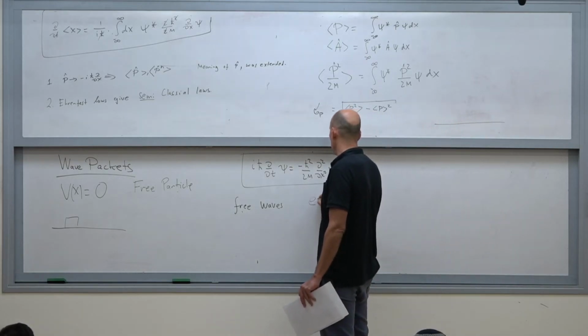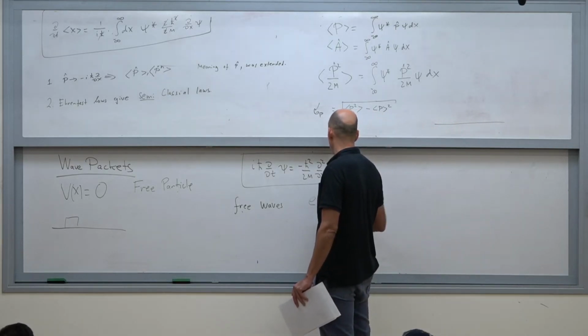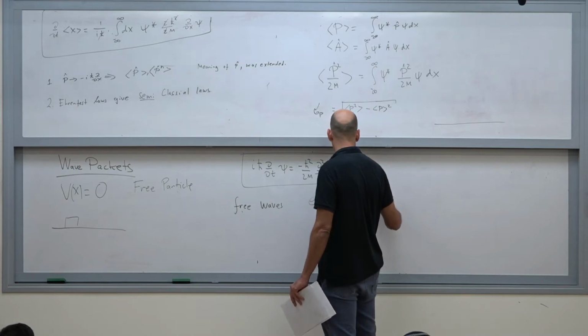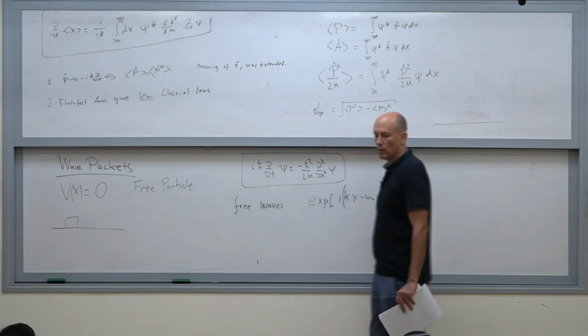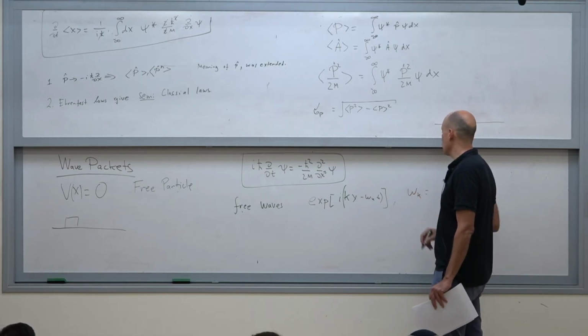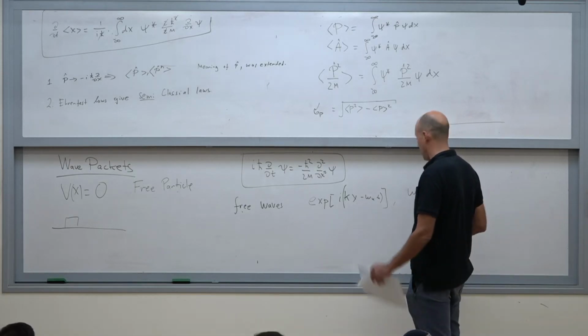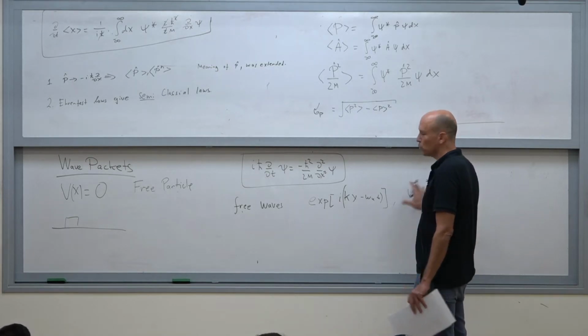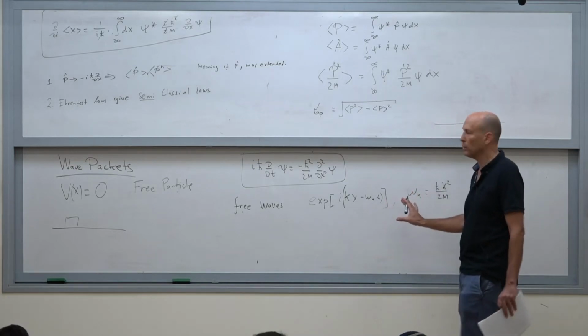They are simply exponent i(kx minus omega_k t), and we have this well-known dispersion relation that omega_k is h bar k squared over 2m. We'll soon rederive this, but this was all given.